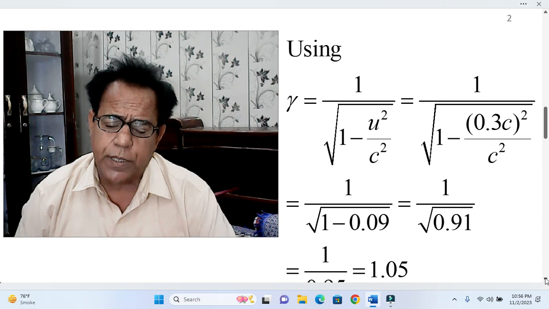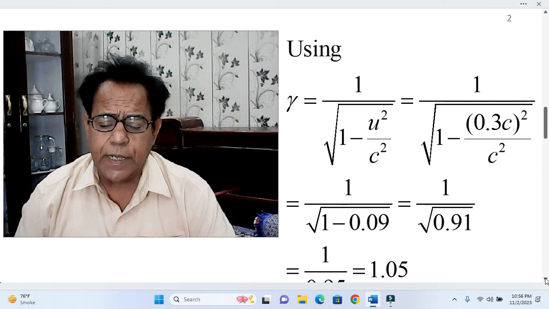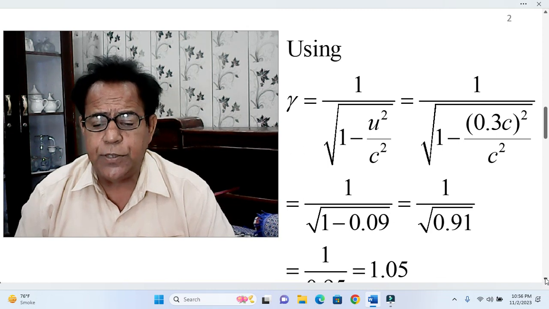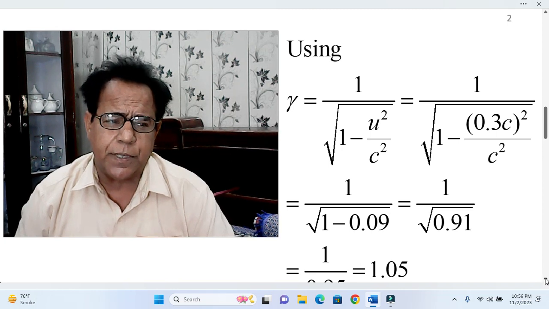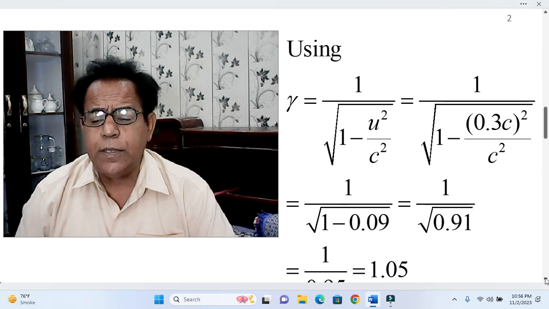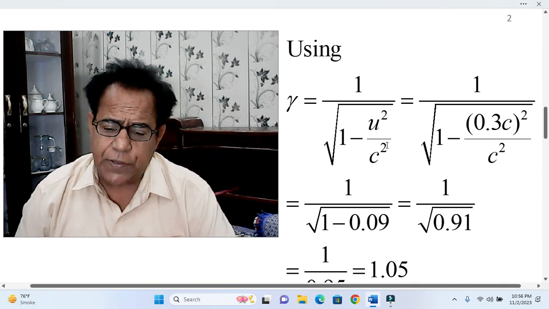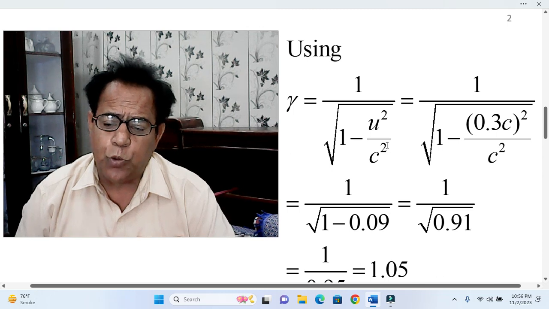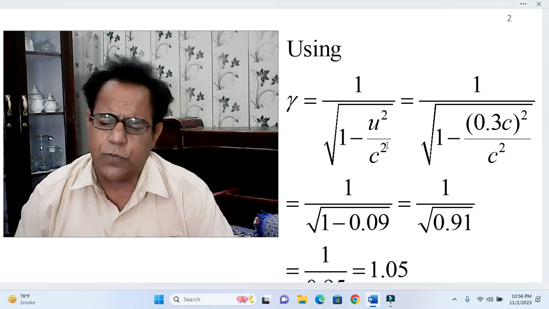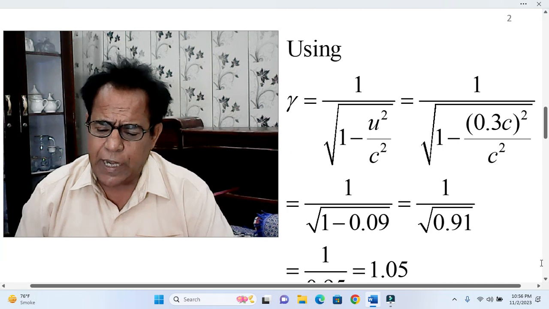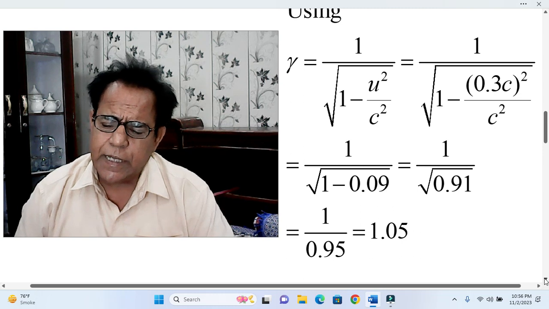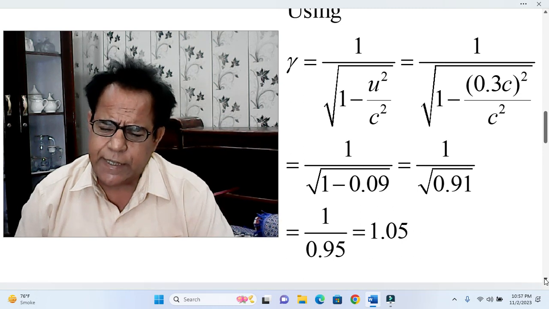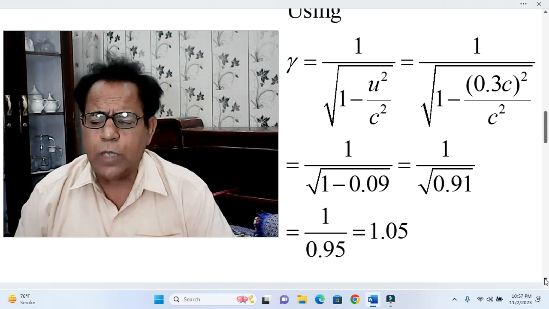But for determining Lorentz factor gamma, we do not need to put this value, because our u is given in terms of c, that is 0.3c, about 30% of the speed of light. So we will not use the value of speed of light in meter per second. We will keep c as it is, because c will be cancelled with c.